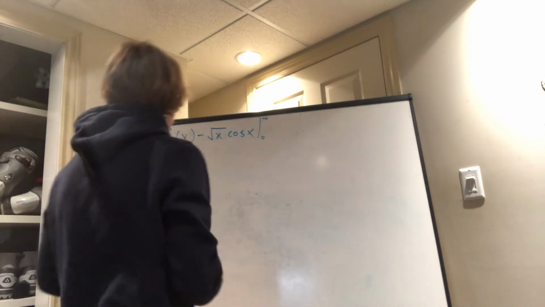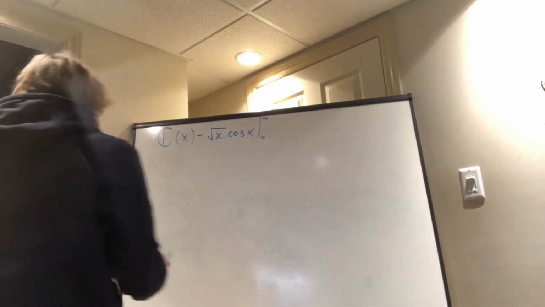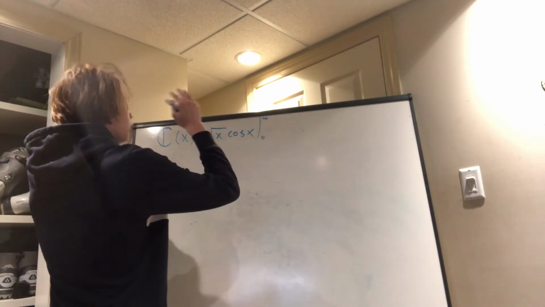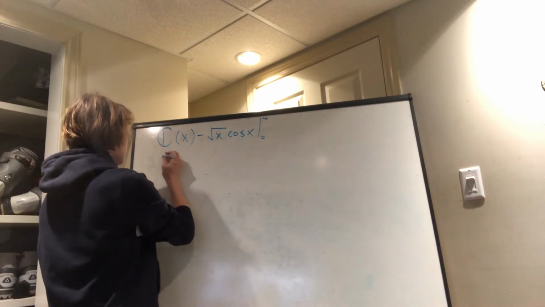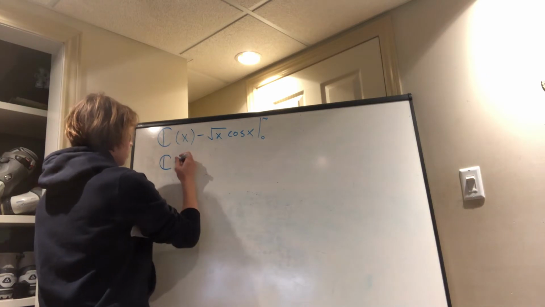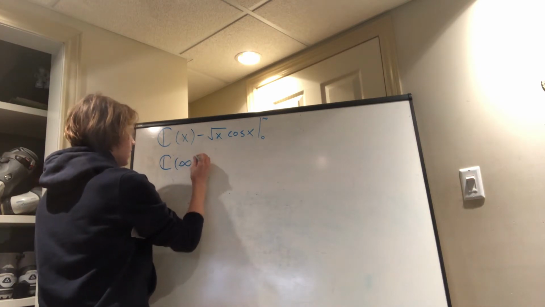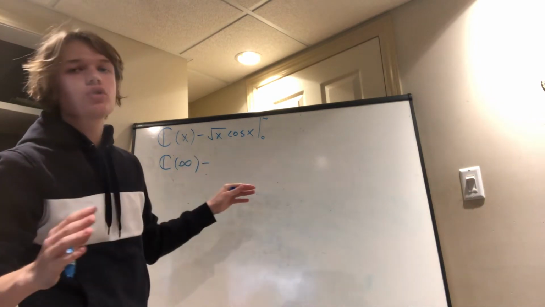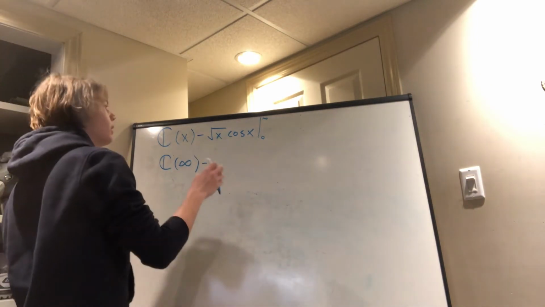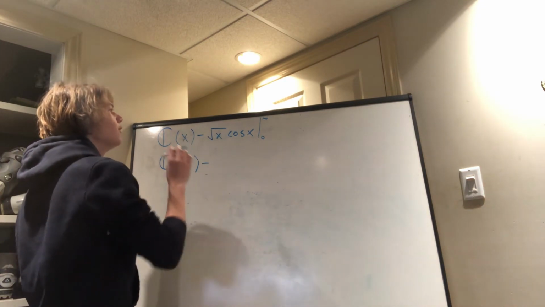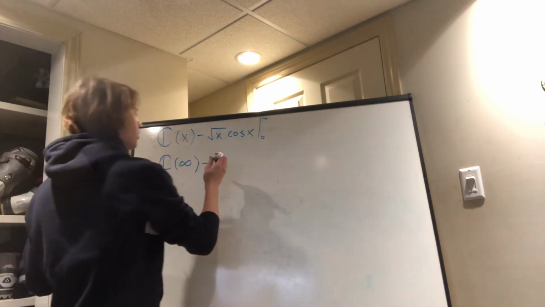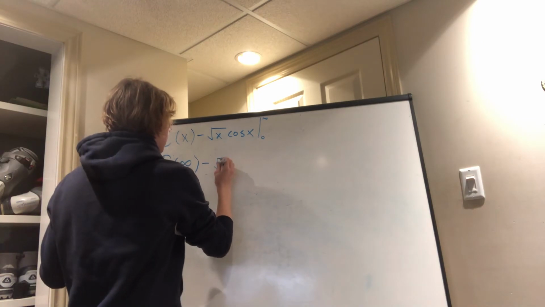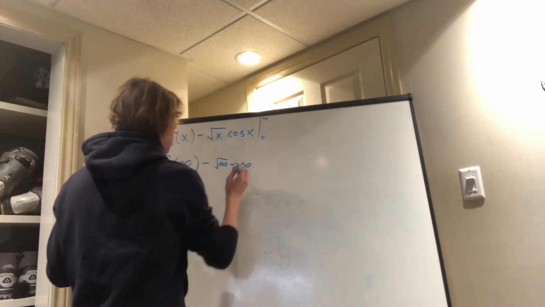Okay, my boys, let's evaluate this from 0 to infinity. So we're going to start with the infinite term, and we're going to get basically C, the Fresnel of infinity, minus, and this is where it gets a little controversial, because if you have an infinite square root of infinity goes to infinity.